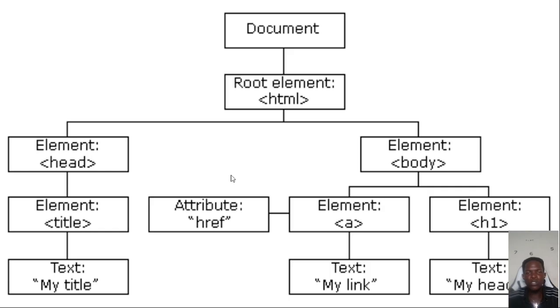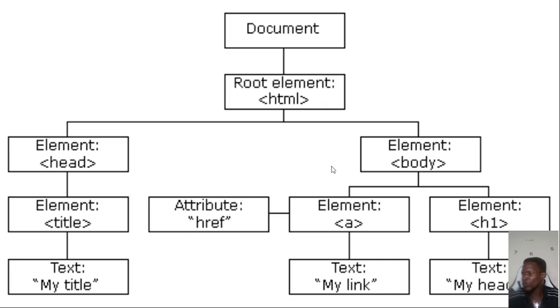So we have document, which is your whole HTML document. Then you have the root element, which is HTML. You can see this follows what we have on our HTML tags. Inside that document you can access the head, the body, your title, and any element inside that particular HTML file.